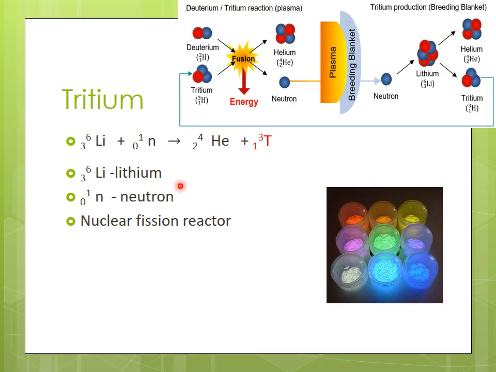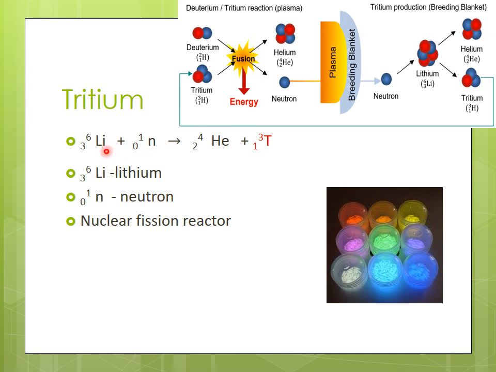Another isotope of hydrogen is tritium. First hydrogen, deuterium and then tritium. Tritium, you know the formula 1T3. And this tritium is present in very trace amounts, hence it can be prepared artificially in the laboratory via radioactive disintegration. For that, lithium is bombarded by a slow moving neutron 0n1 in a nuclear fission reactor.